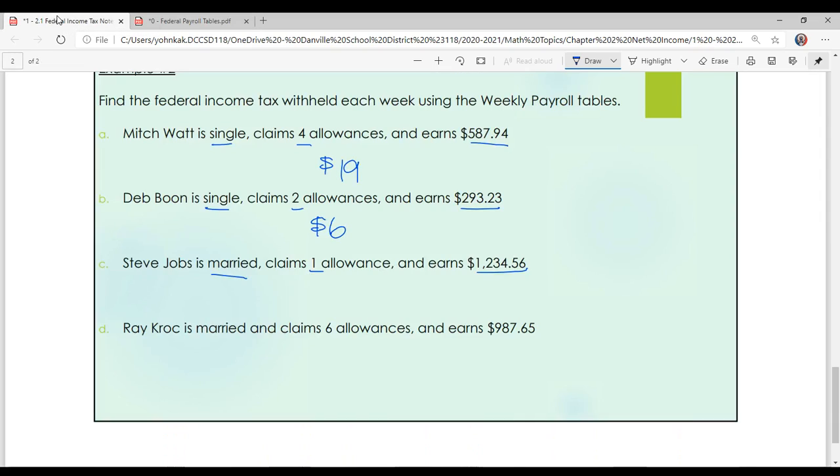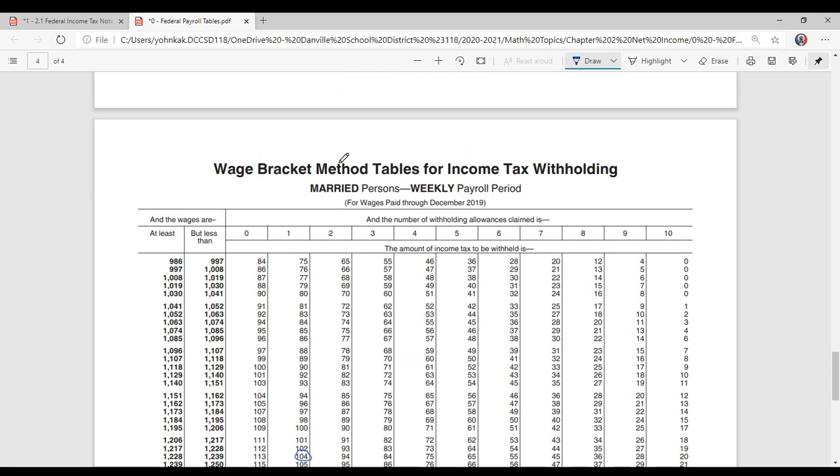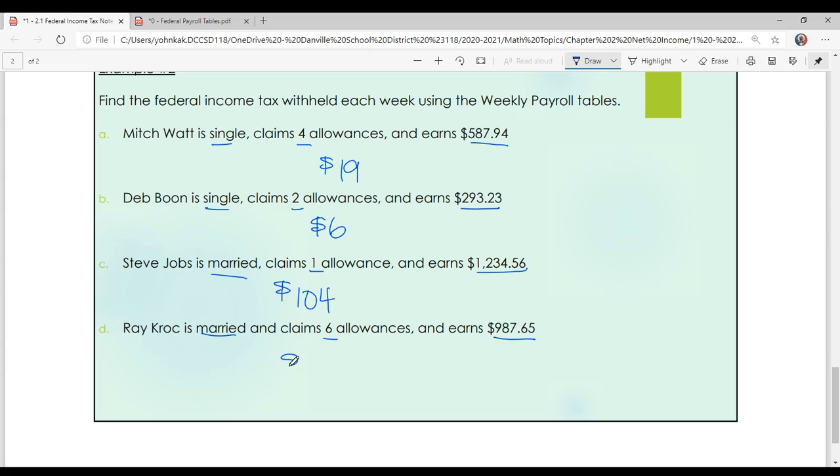So he's getting $104 taken out of his paycheck every week. And finally, Ray Kroc, the inventor of McDonald's, is married, claims 6 allowances, and earns $987.65. So married, 6, $987. We are right here at 28. So $28.